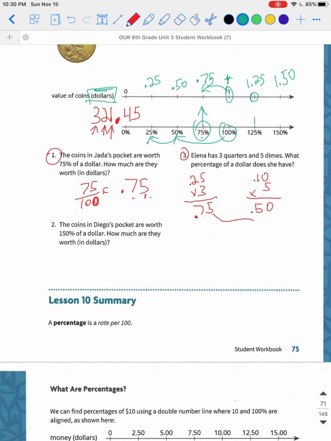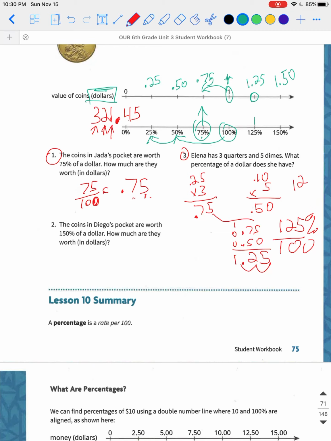Well, when I add up 75 and 50 cents, I'm going to get $1.25. $1.25, if we were going to put it over 100, because we added 1, 2, that means our 2 zeros, is 125%.